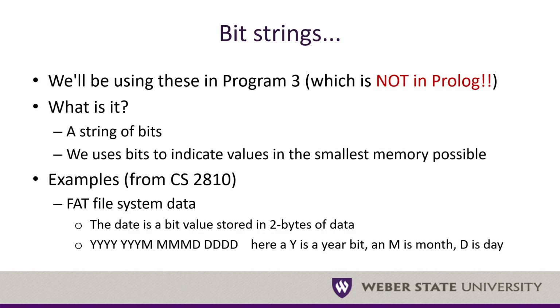So when you take 2810, you'll do that in assembly language. Everybody's favorite thing in the world. So here we're going to be looking at bits in that way, but we're going to be doing it in a higher level language. But we need to be able to store the values and retrieve them.